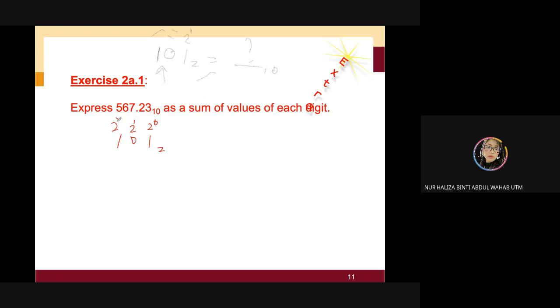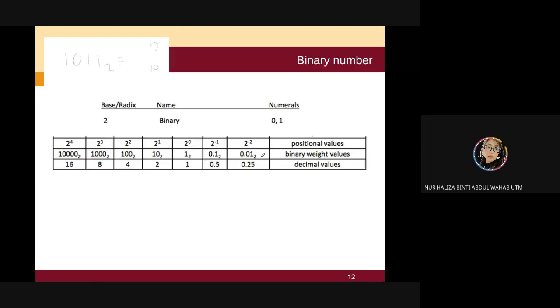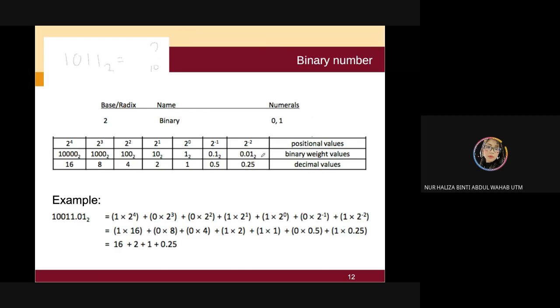To the power of 2 it will be 4. 1 multiplied with 4, you will get 4, plus 0 multiplied with anything, you will get 0. And then over here, to the power of 1, whatever number you will get 1. So 1 times 1, you will get 1. So total, converted to decimal, you will get 5. In representing, you will get 1, 0, 1 as binary. It's not called 101, okay? So thank you, although we have not yet covered it, I just wanted to ask.